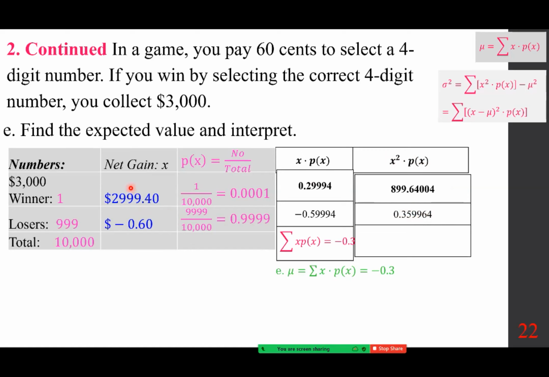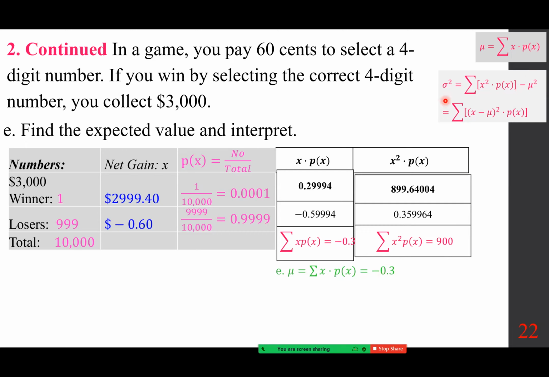So again, square this column, multiplied by this column, put it here. So the summation of x squared p of x, just adding them up, if we add those two up, we get 900. But to find the sigma squared, which is the variance, we got to subtract the mu squared. In other words, square this one, subtract from this one, becomes sigma squared.